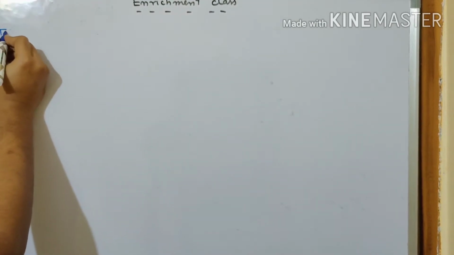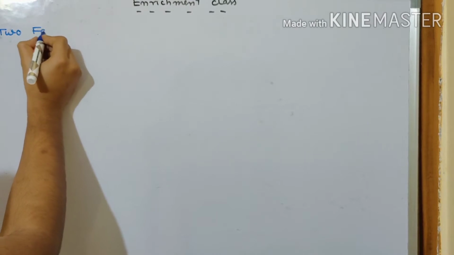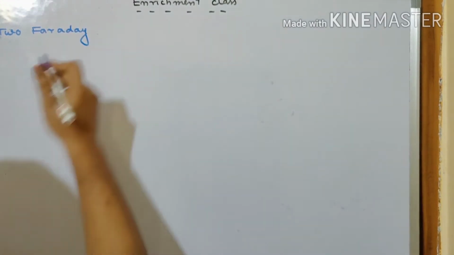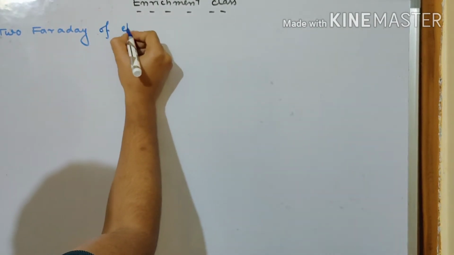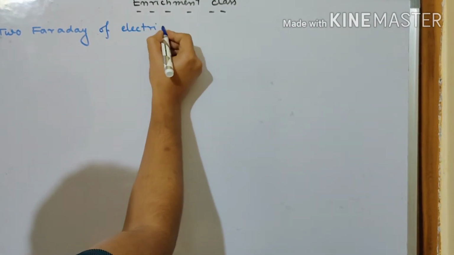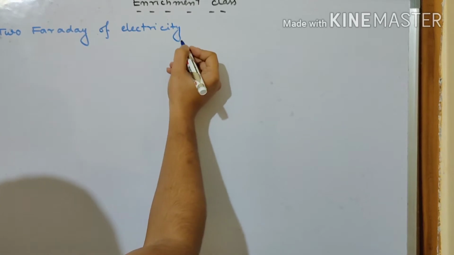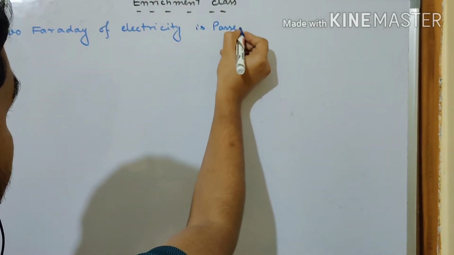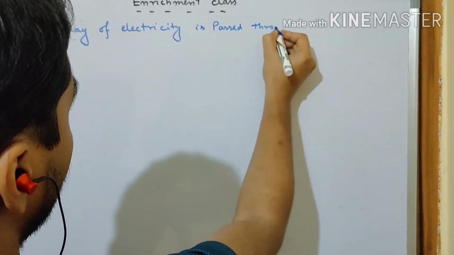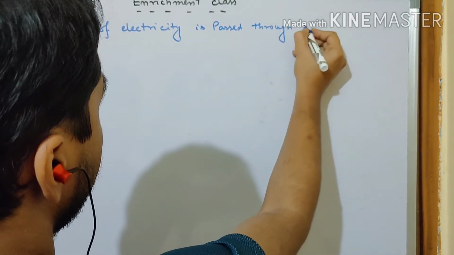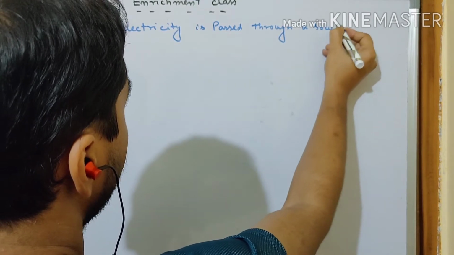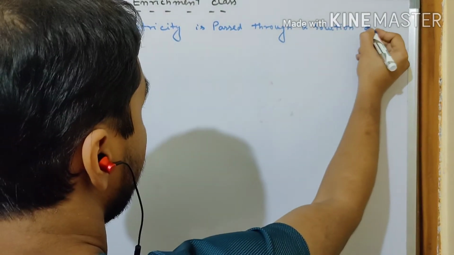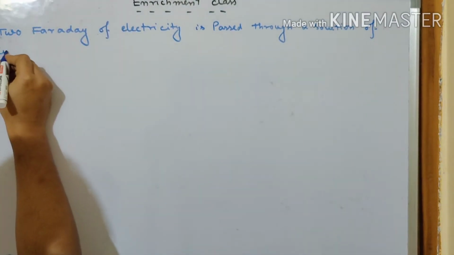2 Faraday of electricity is passed through a solution of copper sulfate.